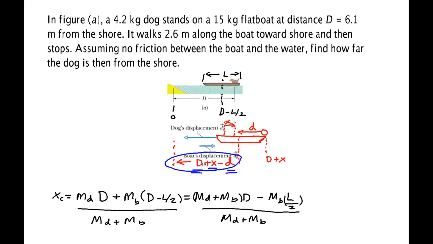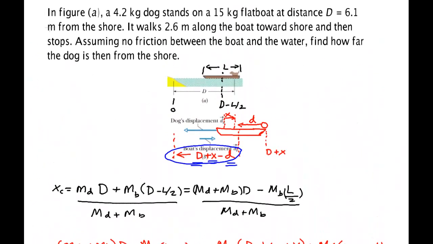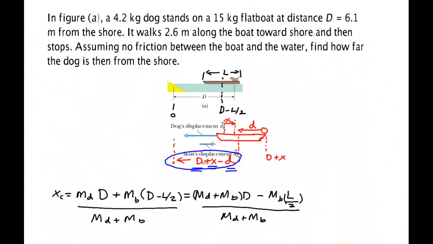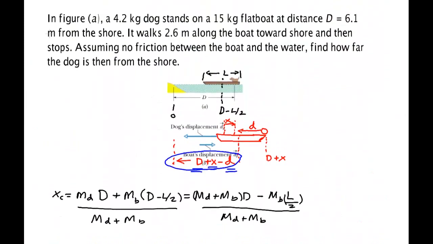I got distance 6.1 meters. I subtract the mass of the boat. The boat was 15 kilograms over 19.2 kilograms. And then we need the distance the dog walks. The distance the dog walks was 2.6 meters.